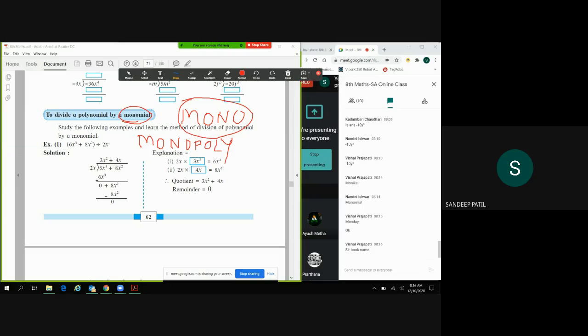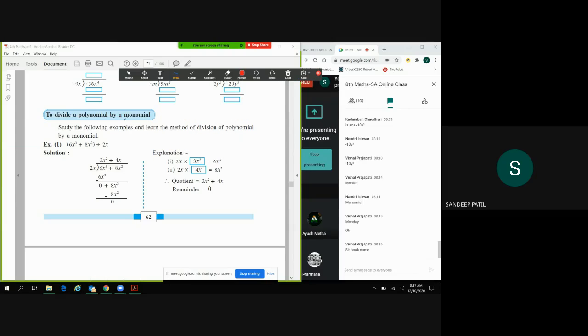There are many words from mono, but I think you may not have come across such words. So I'm not giving more details, but I just wanted to tell you that there are certain things from which you can pick up words and get the meaning of that word. You don't have to learn all the words and know the meaning.